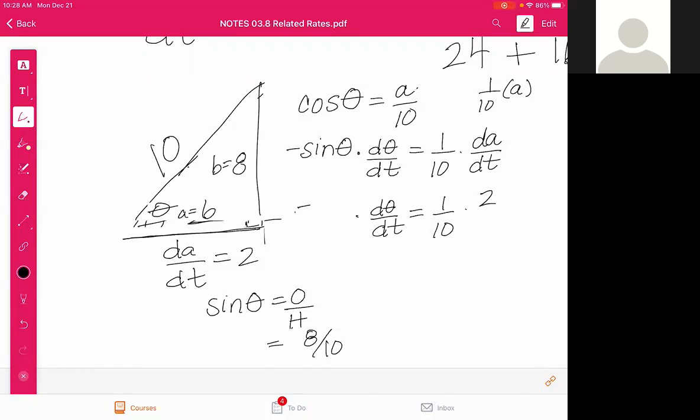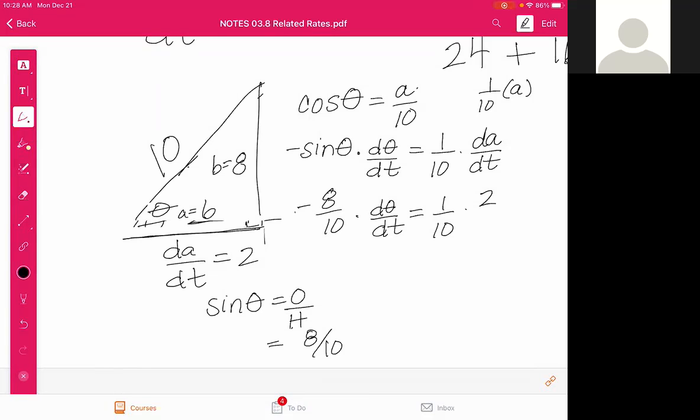See, we didn't need to know what that angle was. We can just use the sides of a triangle. You know that sine is opposite over hypotenuse. So the sine of theta for this triangle is going to be 8 over 10. And it's negative because there was a negative in front of our sine theta.